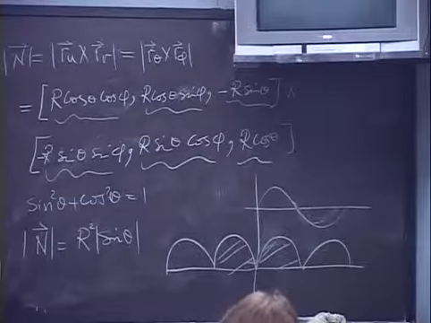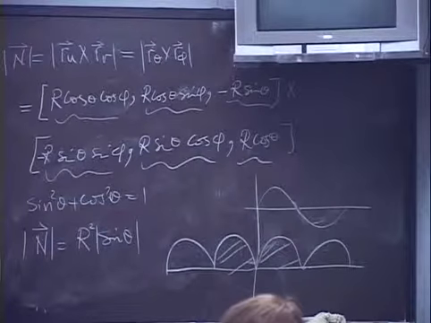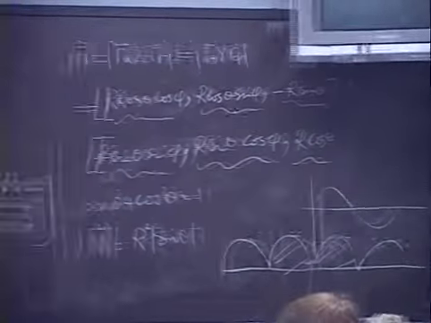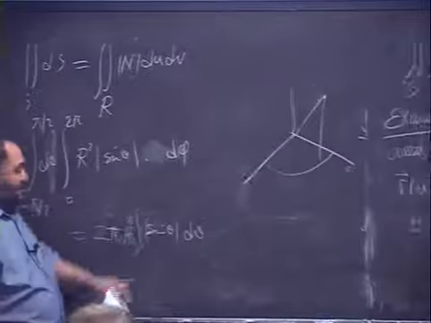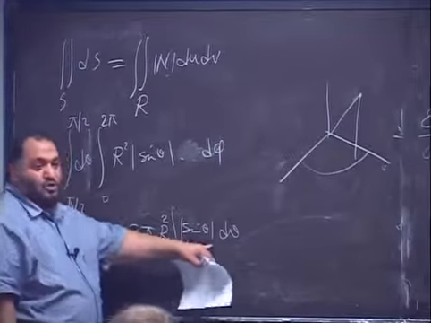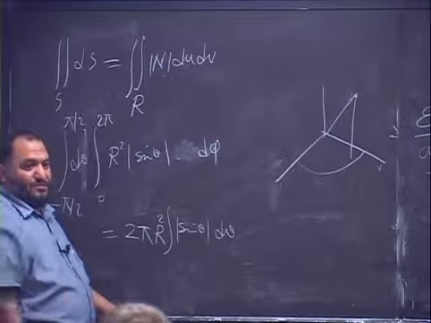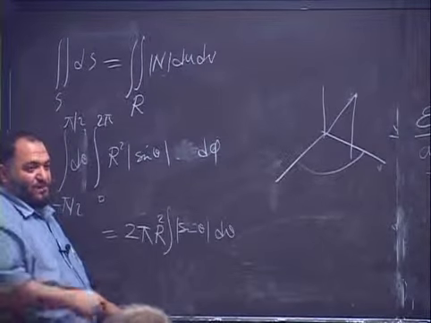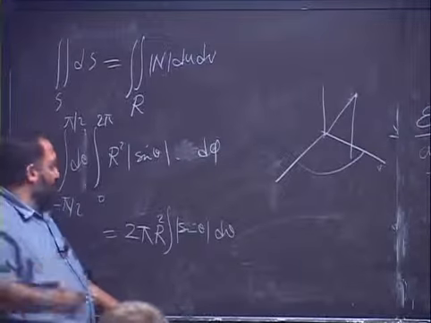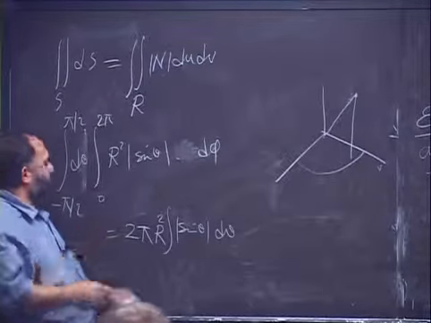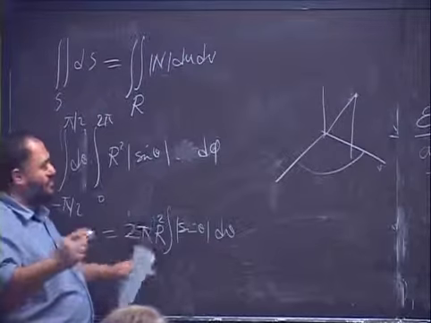Odd functions are symmetric with respect to the origin. So this is an even function. If it were odd and there were no absolute value marks, this would give you 0, because you integrate from negative pi over 2 to pi over 2, which is, let's say, a full period.